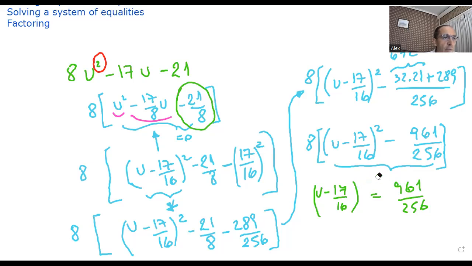And because inside the square root it could be positive or negative, we will indicate that with a plus minus sign. So this would be the square root of 961 is 31. And the square root of 256 is 16.